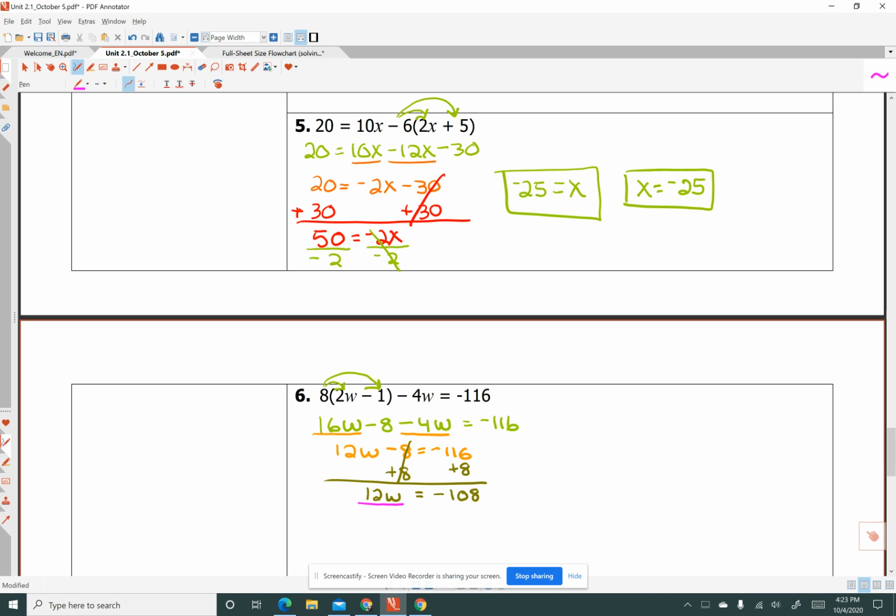And if we want to isolate that w, we need to divide by 12. Whatever we do to one side of an equation or inequality, we do to the other side. We're left with w equals negative 108 divided by 12 is negative 9. Negative divided by negative is a positive. Let's not forget that.